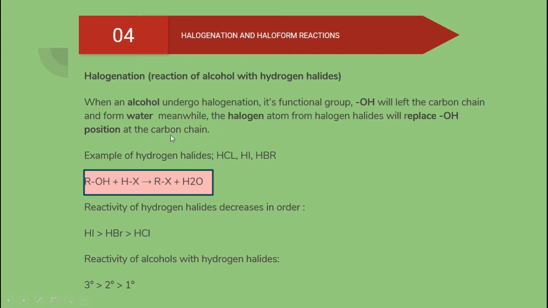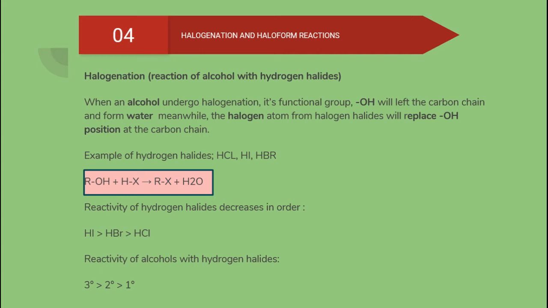So what are common examples of hydrogen halides? The common examples are hydrochloric acid and hydrobromic acid. Now, the reactivity of hydrogen halides towards alcohol: hydroiodic acid is more reactive toward alcohol compared to hydrobromic acid.